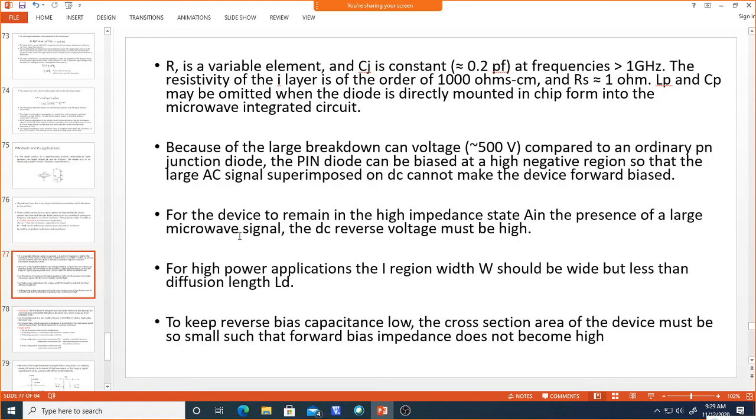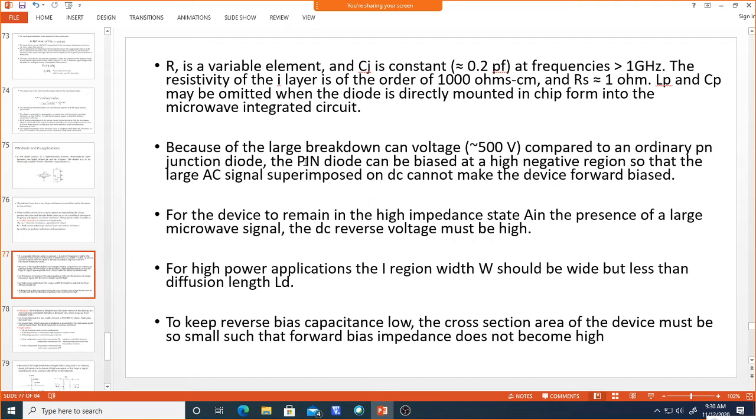LP and CP, the package inductance and capacitance, may be omitted when the diode is directly mounted on the chip to form the microwave integrated circuit. Because of the large breakdown voltage, around 500 volts compared to the ordinary PN junction diode, the PIN diode can be biased at a high negative region.